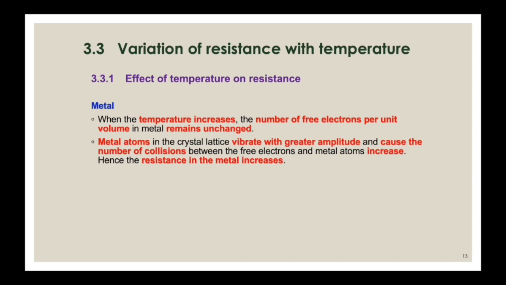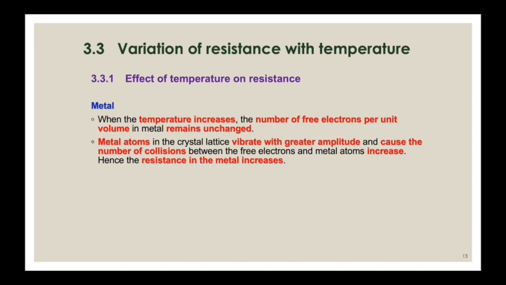Metal atoms in the crystal lattice vibrate with greater amplitude and cause the number of collisions between the free electrons and metal atoms to increase. Hence, the resistance of the metal increases. I think I've told you before that the resistance only depends on the temperature. So when you are curious about the explanation, this is what I'm talking about.